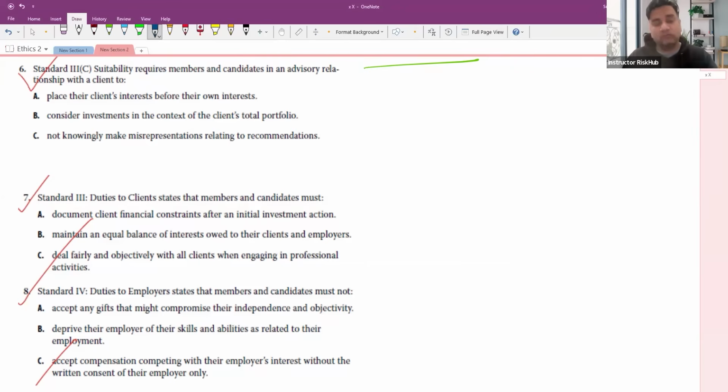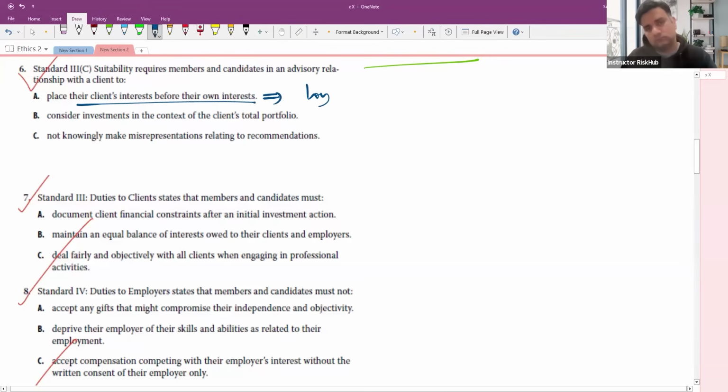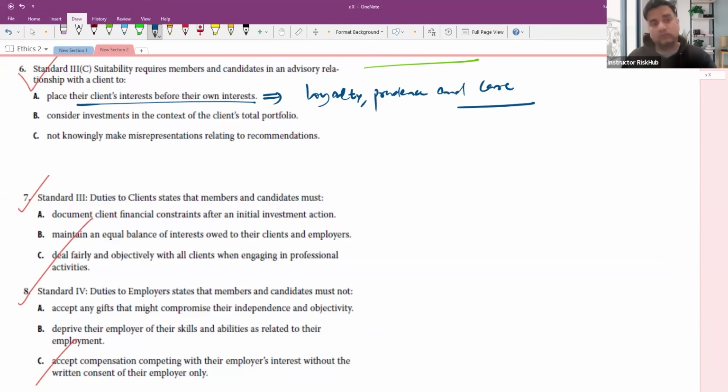Placing the client's interest before their own interest is correct, right? But that comes under loyalty, prudence, and care, not suitability in an advisory relationship.